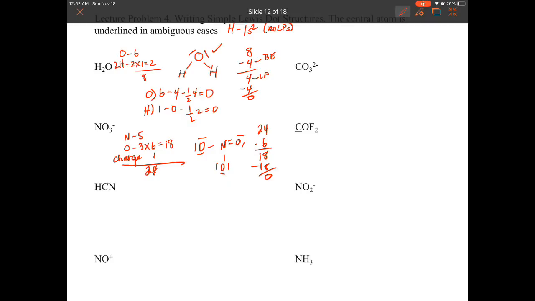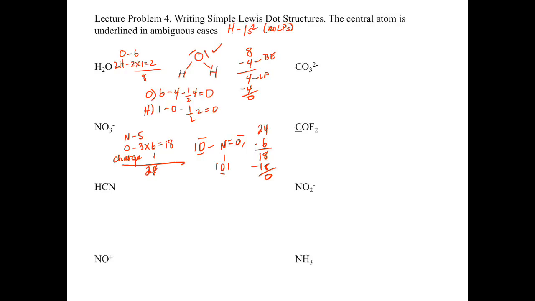So to satisfy the octet of the nitrogen, we're going to erase one of those lone pairs, and we're going to move it into making a double bond with the nitrogen. So we're going to shift one of those lone pairs on the oxygen into the middle here, and that lone pair is going to make a double bond with the nitrogen.